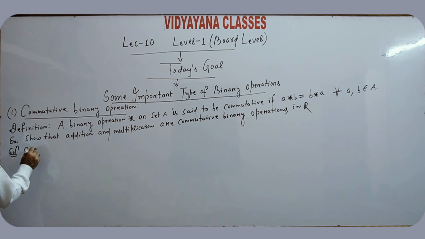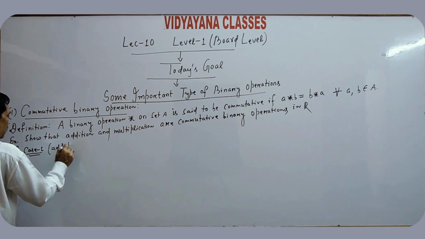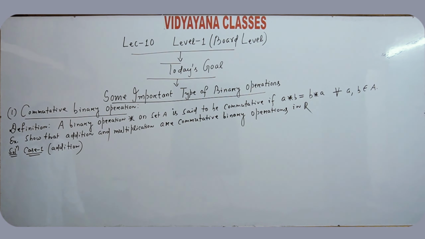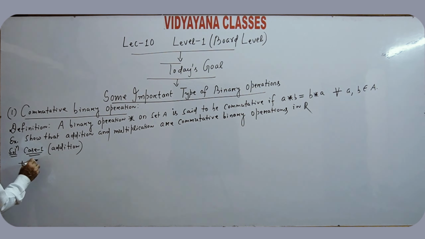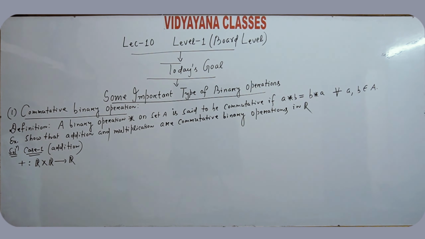Case 1, that is addition. Addition, that is denoted by the plus sign, maps R cross R to R. R is the set of real numbers.